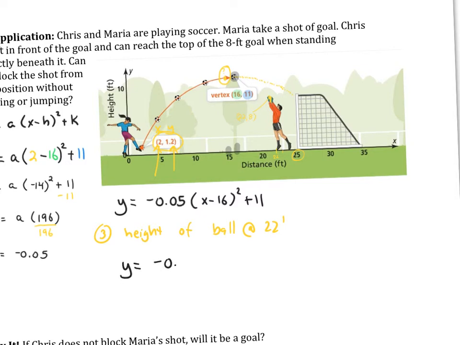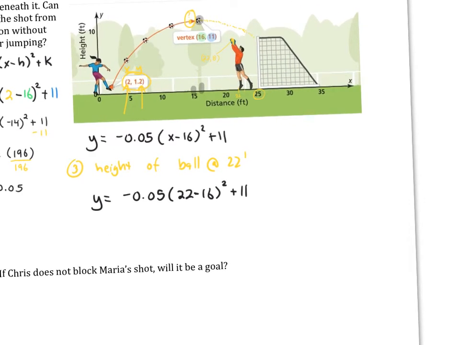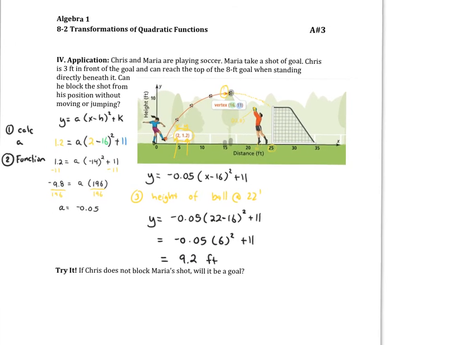Y equals negative 0.05, 22 minus 16, quantity squared, plus 11. I'll do a little bit of simplification, but really all of this can go into your calculator. Here we get a 6 squared plus 11, and I'm going to plug that into my calculator to see what we get. And we get 9.2 feet.